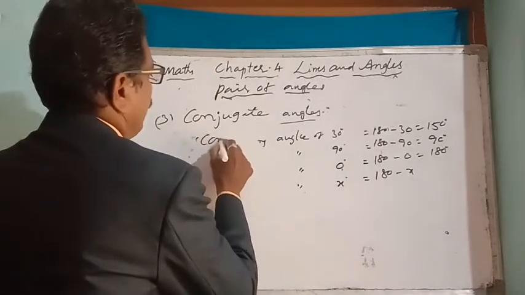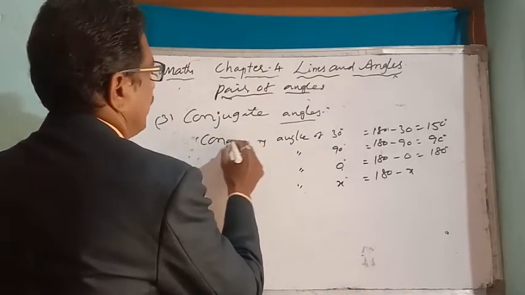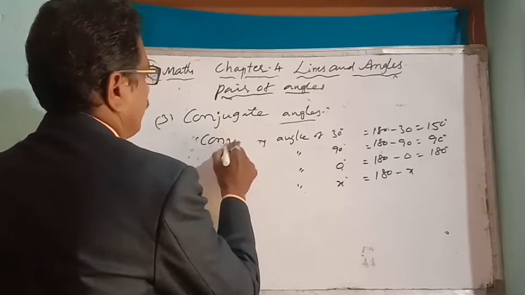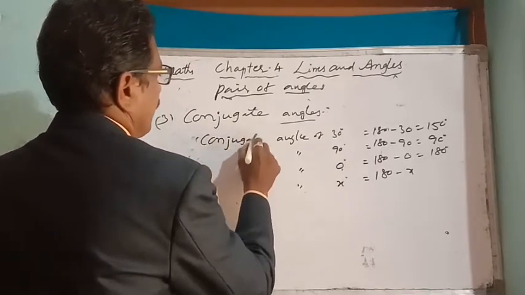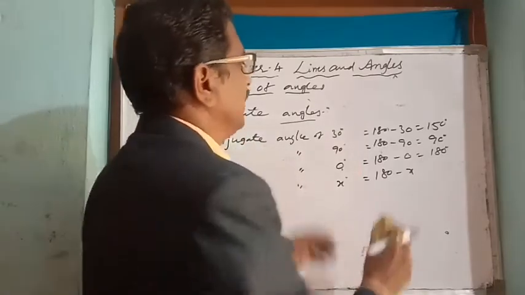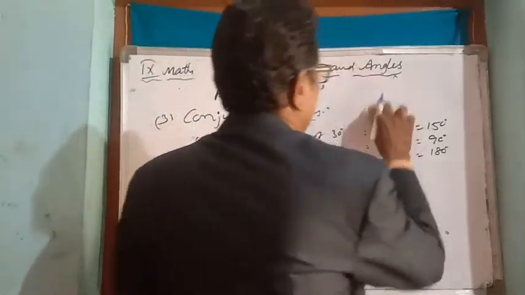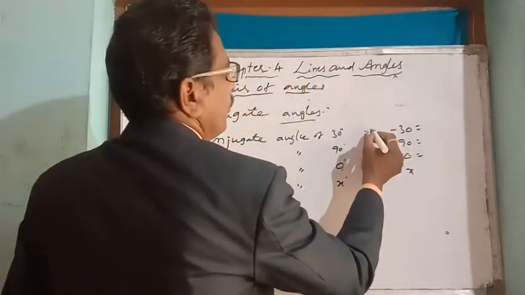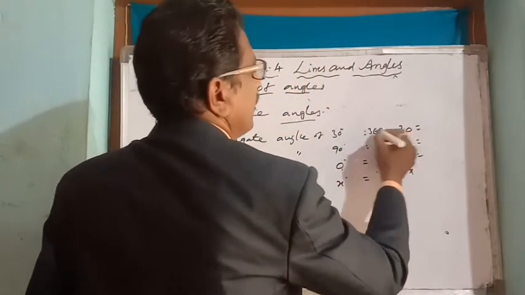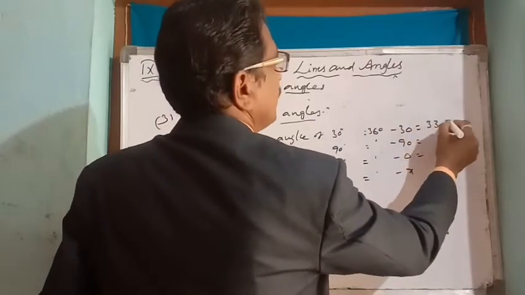For example, the conjugate angle of 30 degrees is 360 minus 30, which equals 330 degrees.